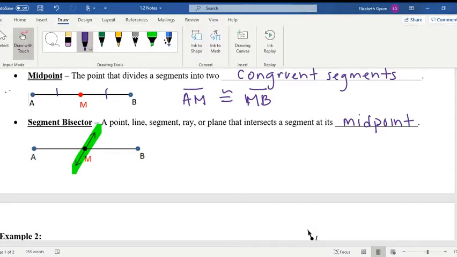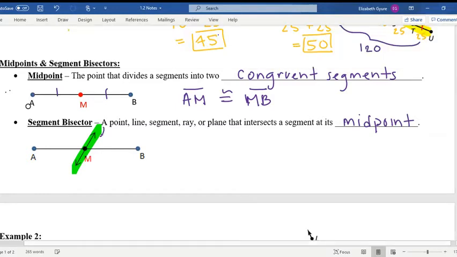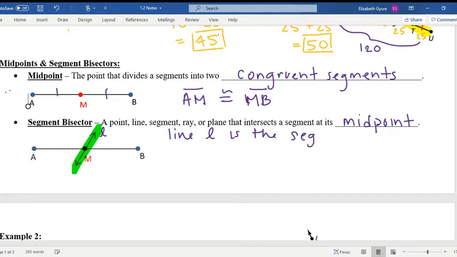So for the sake of this problem, let's call that line L. So we would say that line L is the segment bisector of line AB.